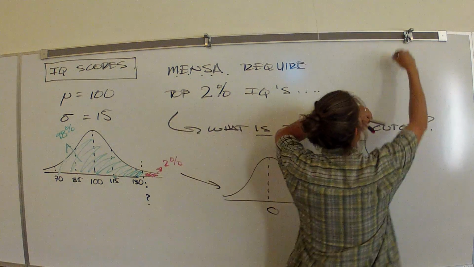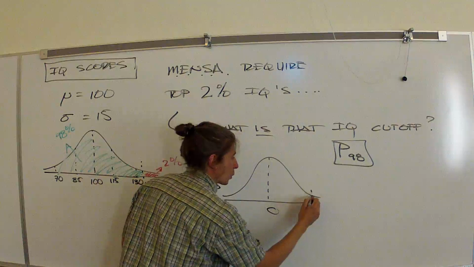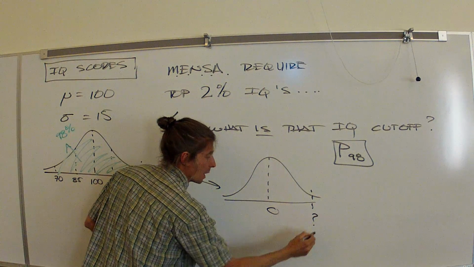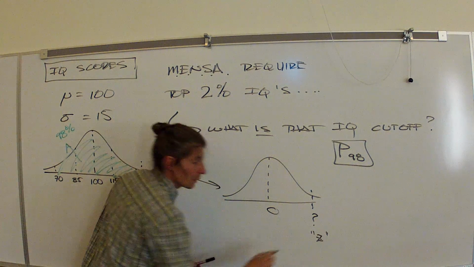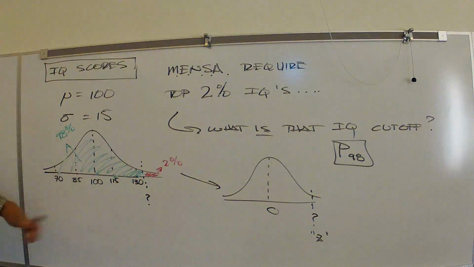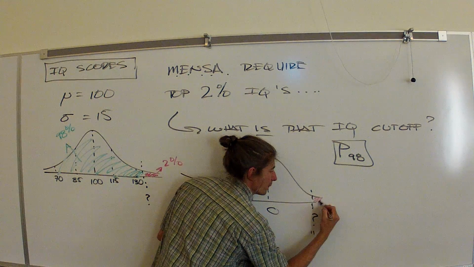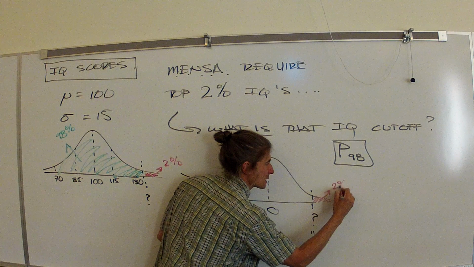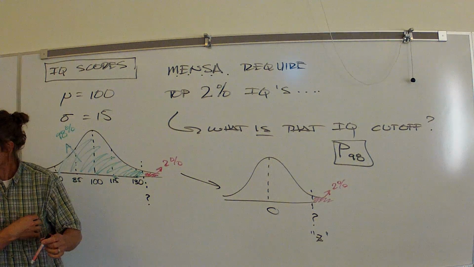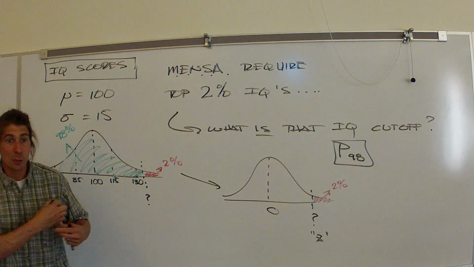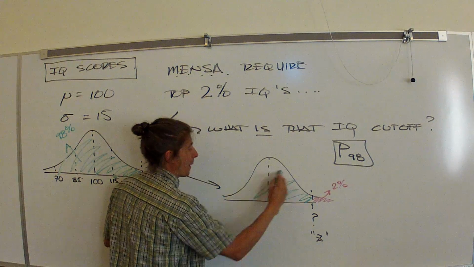I don't know what it is, but I do know it's a z, because the standard normal curve is the z curve. And somewhere there is a z that cuts off the top 2%, which also cuts off the bottom 98%.